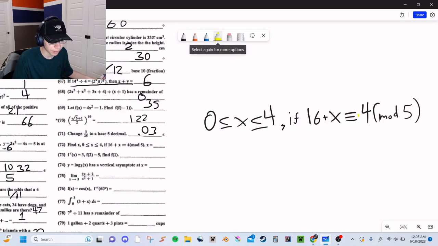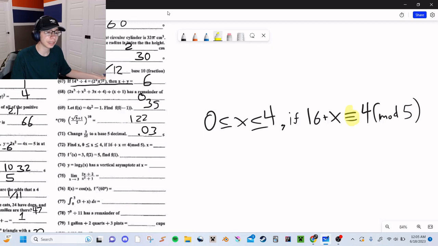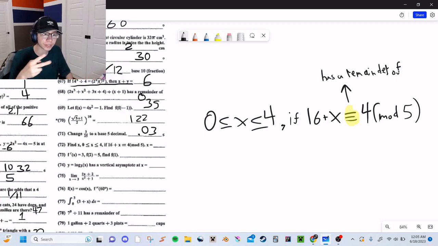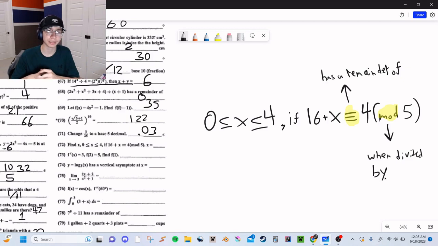So these 3 parallel lines, what this means is basically has a remainder of, that's what it means. And what mod basically means is when divided by, that's basically what mod means.